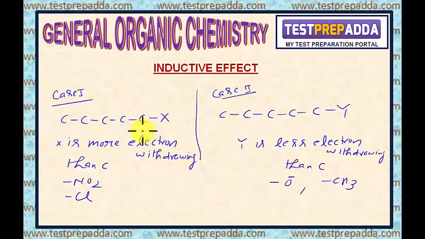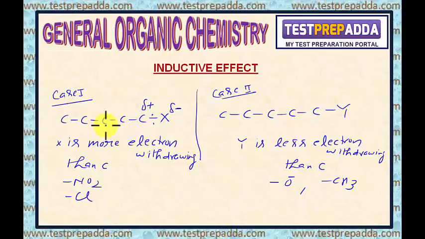In case 1, since X is more electron withdrawing than carbon, X will pull the shared electrons of the covalent bond, and this way X gets delta negative charge, partial negative charge, and carbon gets partial positive charge.